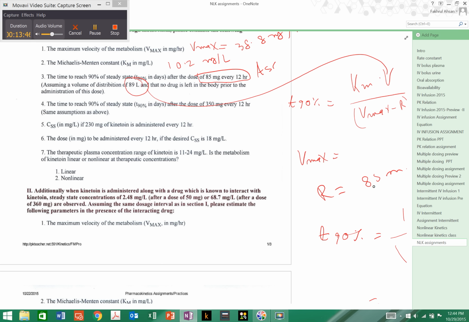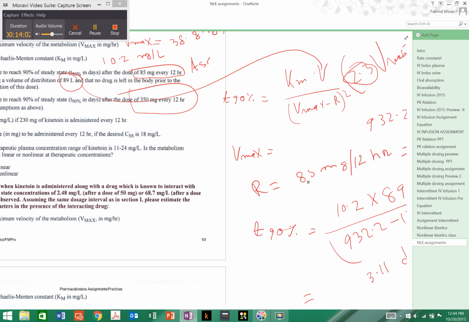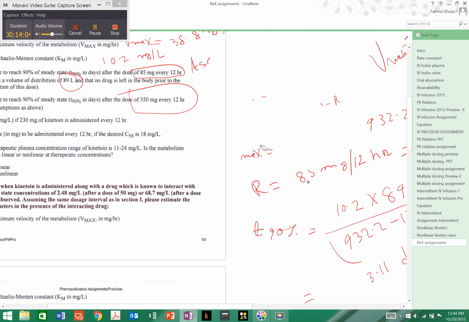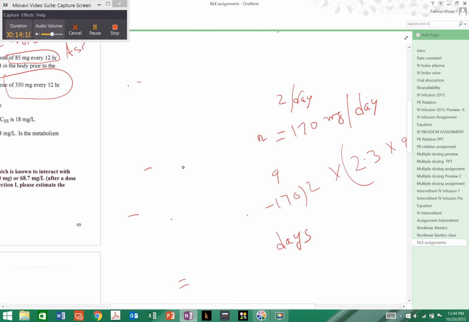Now you have to calculate the time to reach 90% after a dose of 350 milligram every 12 hours. And the volume of distribution is the same. So I am not going to do it again in this case, because you follow the exact rules.